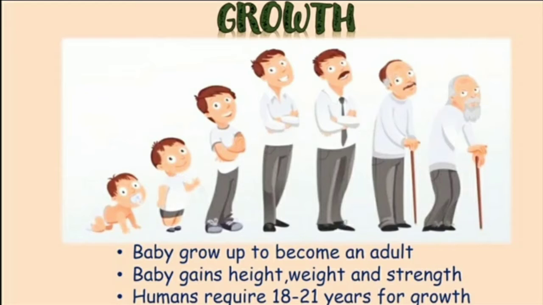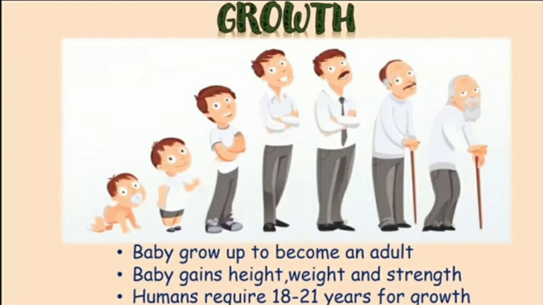Children, look at this picture. What differences do we see between the young ones and the adults in this picture? Yes, correct. You could see a small baby which is gradually growing up into an adult, right?